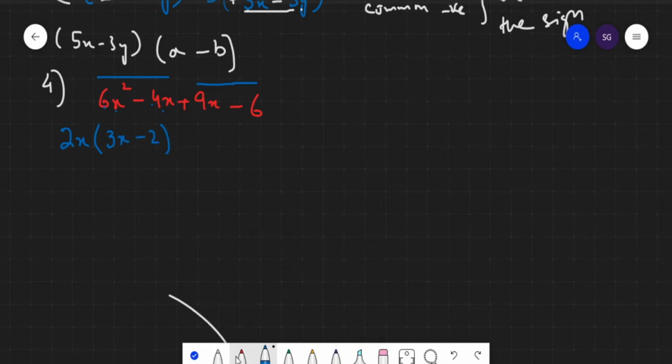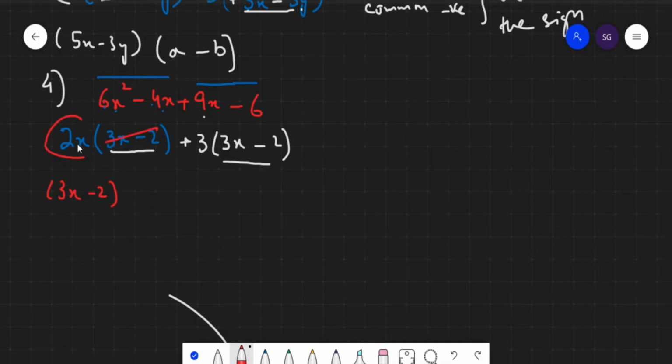And then from the second pair I have 9x and minus 6, so I'm going to take 3 common out, and then 3 times 3 is 9, so 3x minus 3 times 2 is 6. As you can see, the two brackets are same, and we are good to go for taking out the whole bracket common out. 3x minus 2 is taken out as common. So from the first term we are left with 2x, and then from the second we are left with 3. And that's factorization done.